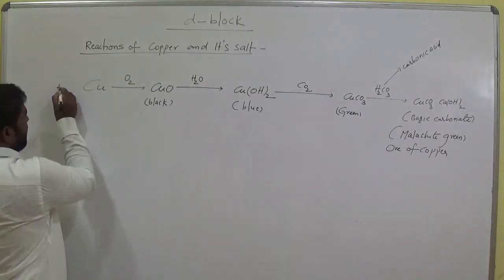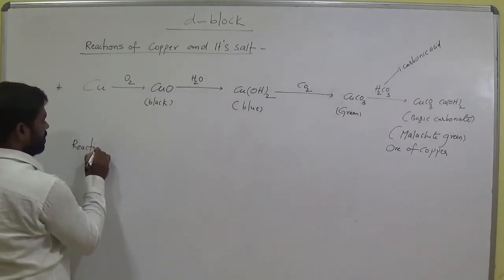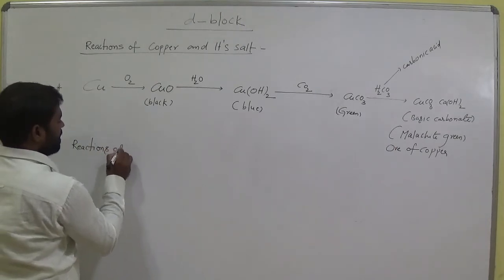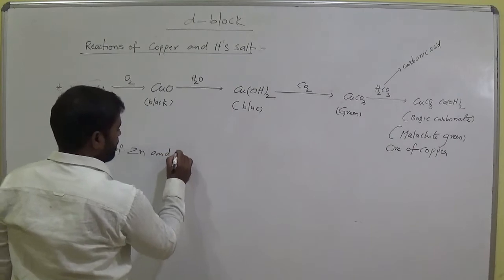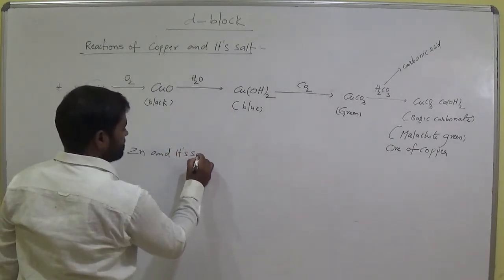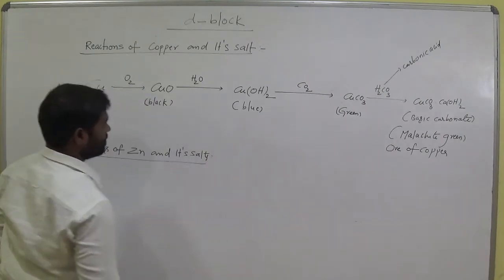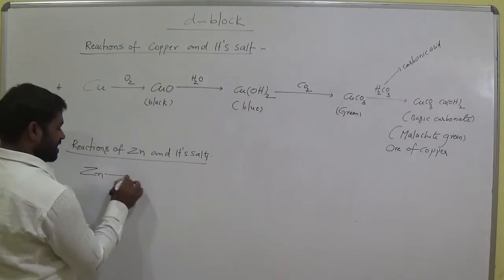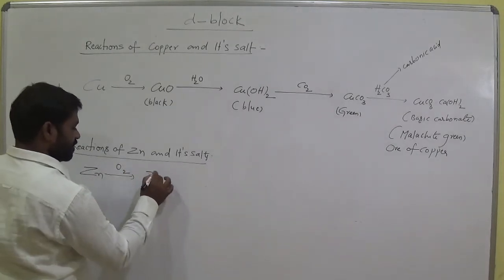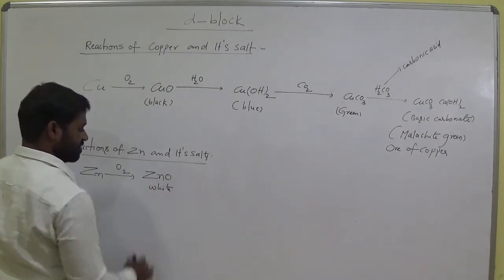So the next reaction is reactions of zinc and its salts. Suppose zinc interacts with oxygen, it produces zinc oxide which is white in color.